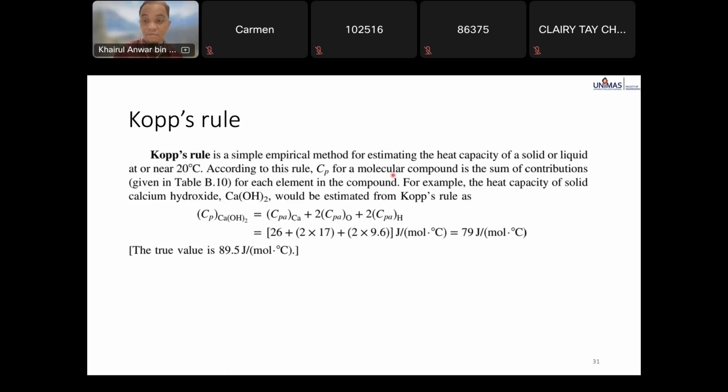For example, the heat capacity of solid calcium hydroxide, Ca(OH)2, would be estimated from Kopp's rule as something like this. So to get the Cp of Ca, you need to refer to table B10. Appendix B, the last table.